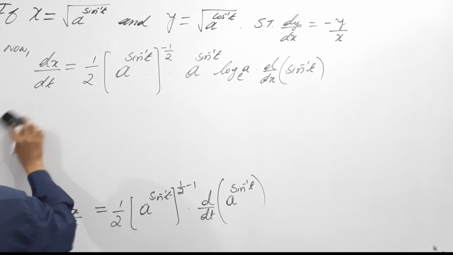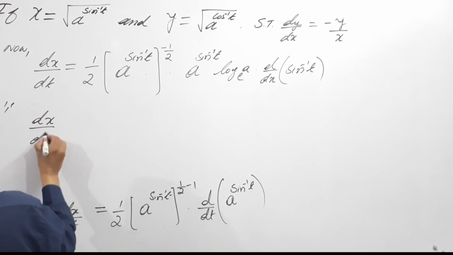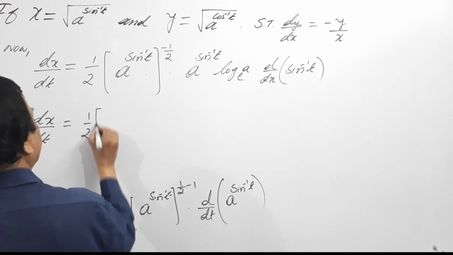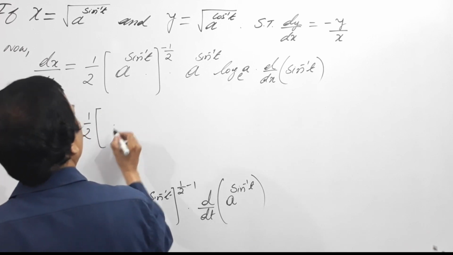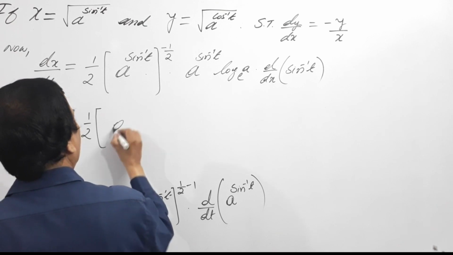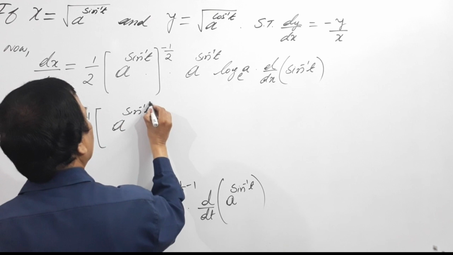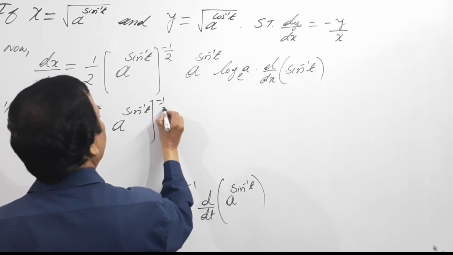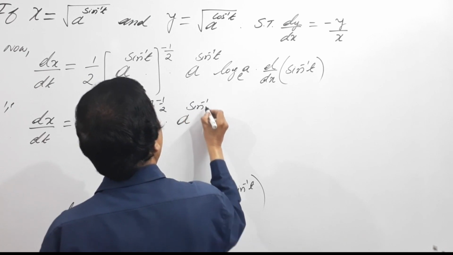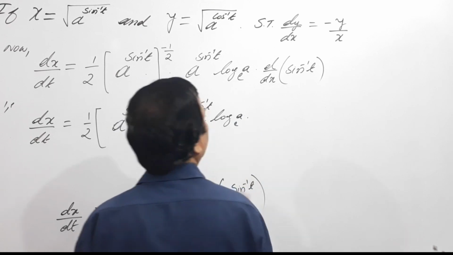This is dx by dt equals to half. I'll take outside. So this is a to the power of sin inverse t to the power of minus half into a to the power of sin inverse t log a to base c into d by dx.